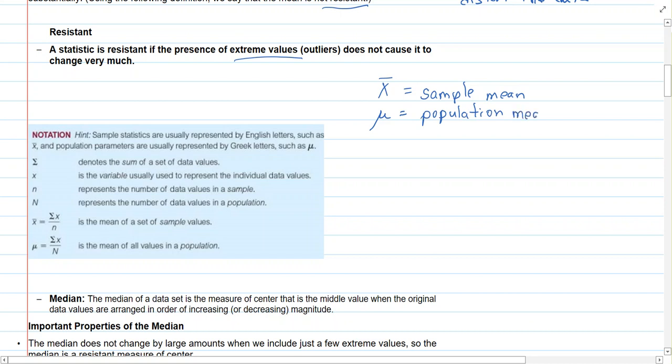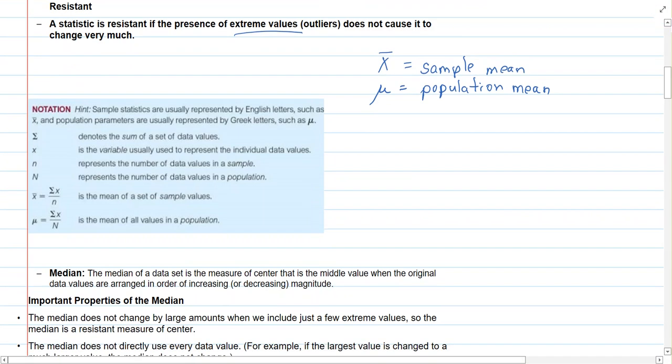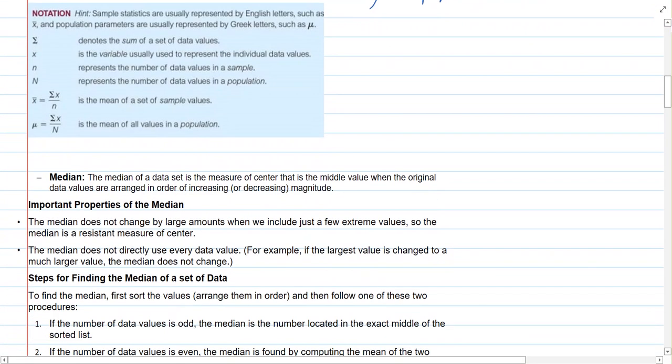And these are very important because they're compadres. I will talk about the standard deviation notation later, but we're talking about the mean. So we know the mean is the sum of the data divided by the number of data.